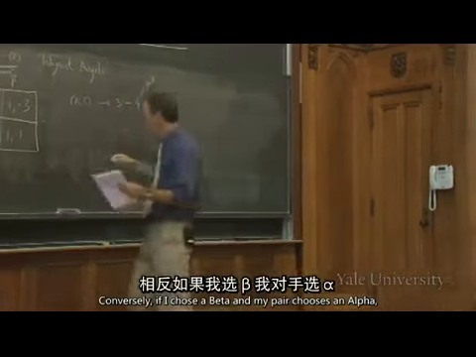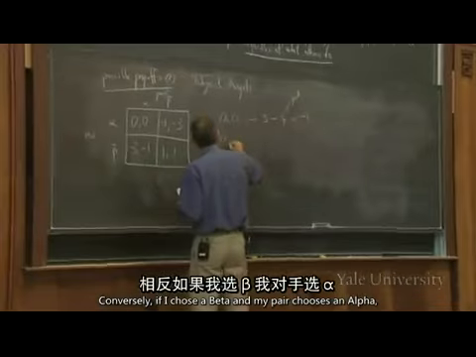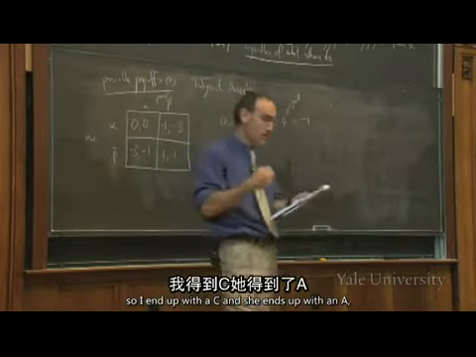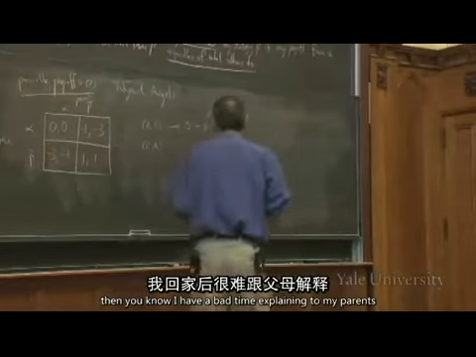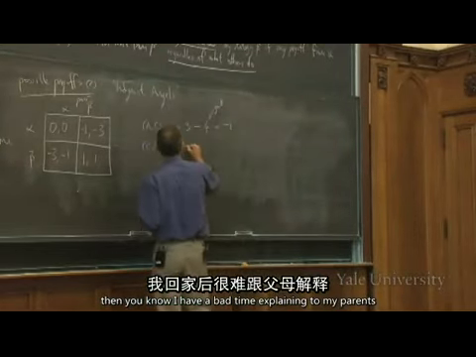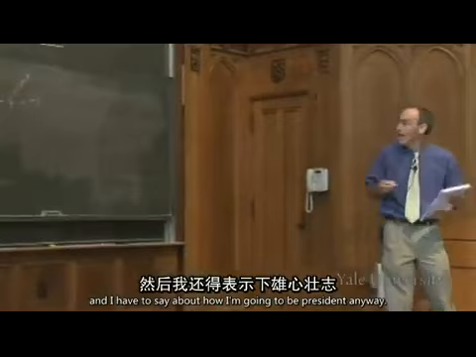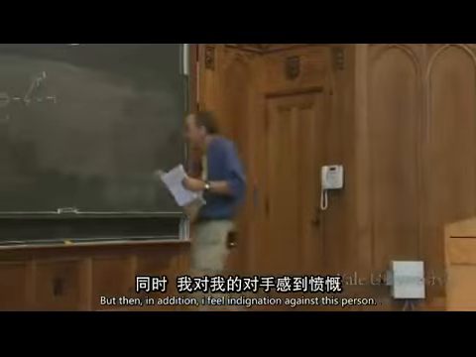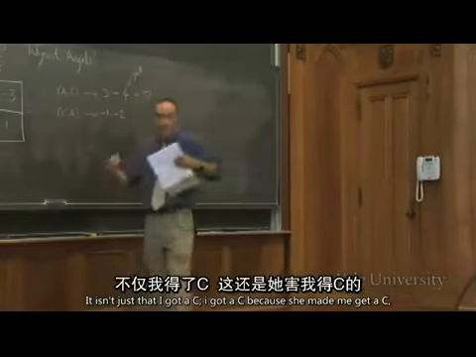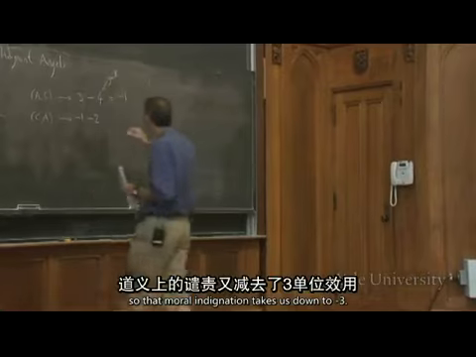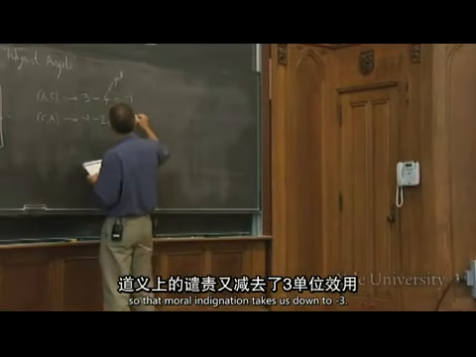Conversely, if I chose beta and my pair chose alpha, so I end up with a C and she ends up with an A, then I have a bad time explaining to my parents why I got a C in this class, and I have to say how I'm going to be president anyway. But then in addition, I feel indignation against this person. It isn't just that I got a C, it's that she made me get a C. So that moral indignation takes us down to -3.